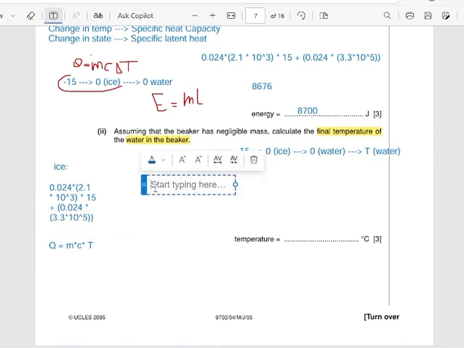And for the water, again, it has to be Q is equal to M into C into T. The reason I have written this formula here as well as here is that the temperature of the water has to decrease from 28 to a certain temperature, because when we add ice in water, the heat lost by the water is gained by the ice.